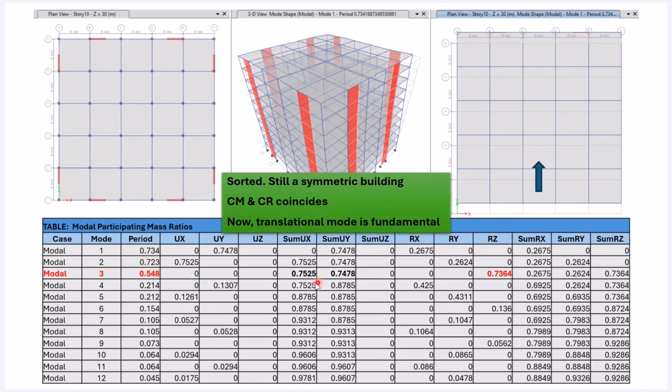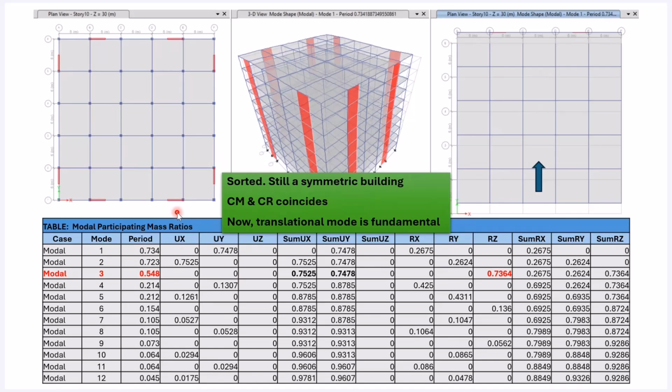And you have achieved 75%, and then you have achieved 90% in mode 8, and we are considering anyway 12 modes, which is having 97% already. So this is a good model result that can be used for the response spectrum analysis.